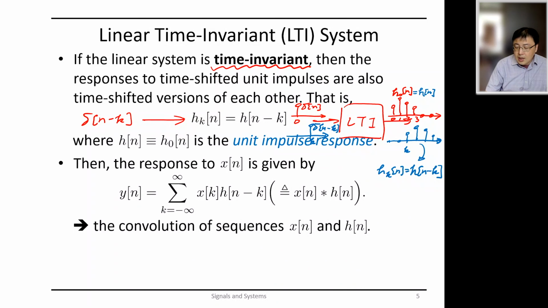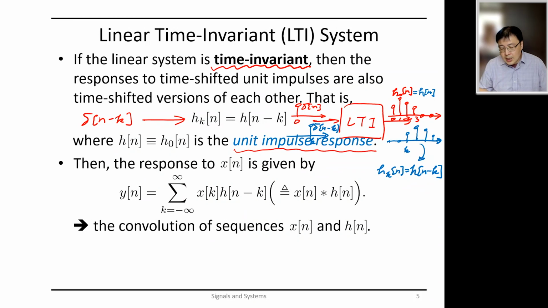So this is a superposition of these time-shifted unit impulse responses. This impulse response corresponding to an impulse at time 0 we call the unit impulse response. So y of n is just a superposition of time-shifted versions of these unit impulse responses scaled by the value of x at the corresponding time instant.